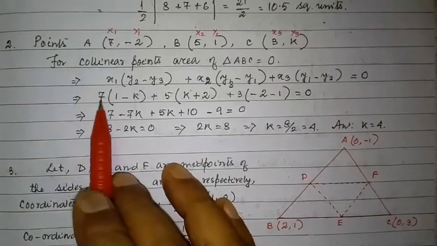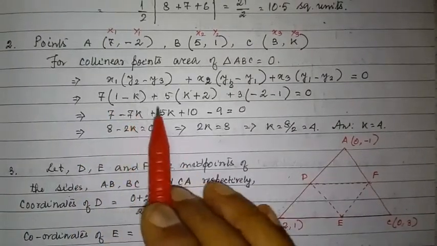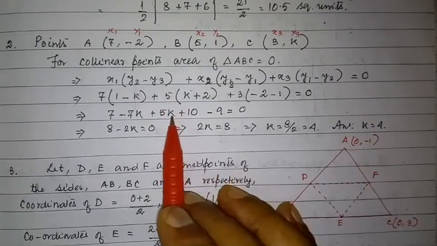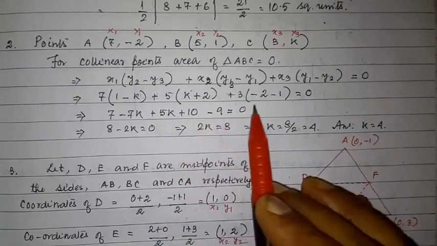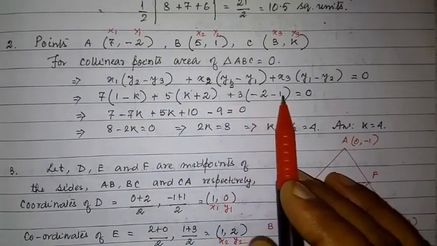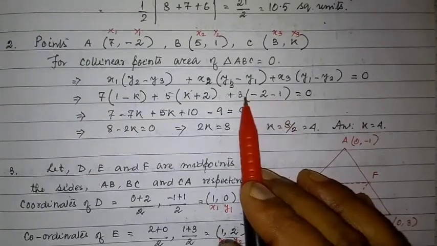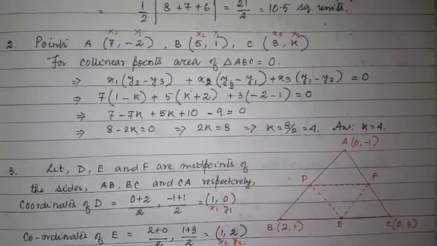Now let us multiply: 7 - 7k + 5k + 10 plus this is -3 into 3, that is -9, is equal to 0.